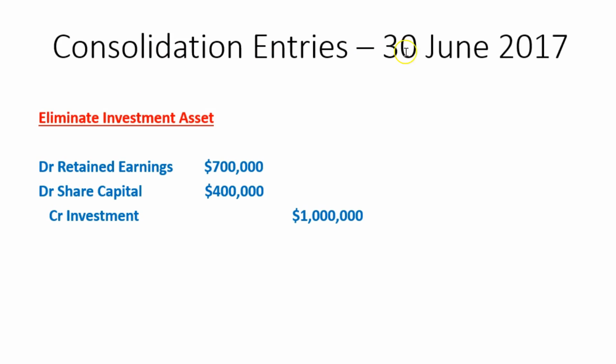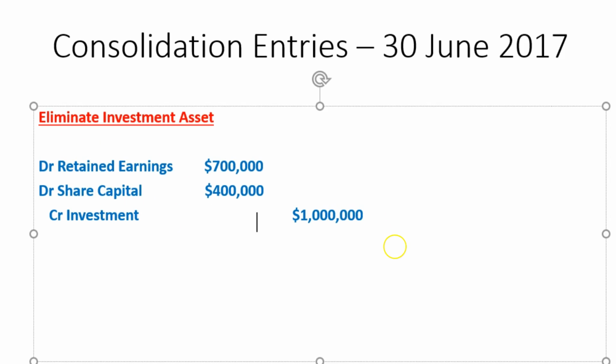So for 30 June 2017, it changes slightly. So our debit of retained earnings and share capital, as well as our credit of the investment, remains the same. So our equity accounts here will remain, the investment will remain because we're always recording at cost. But the bargain purchase, remember I said that was considered to be profit, effectively, of $100,000.